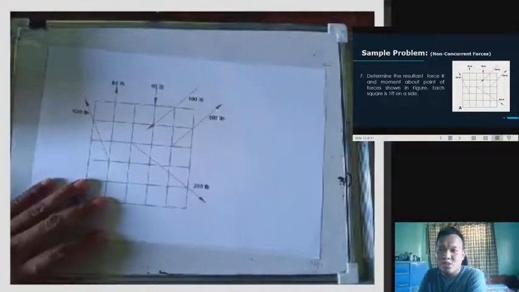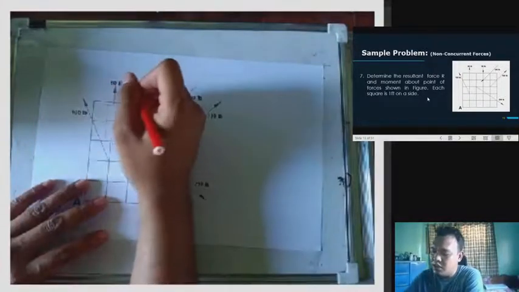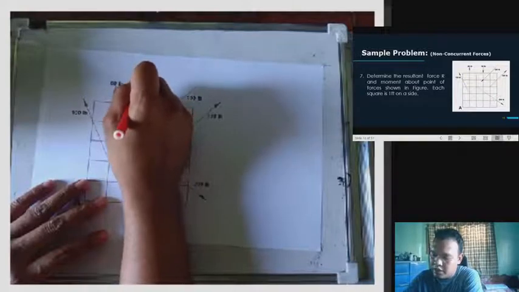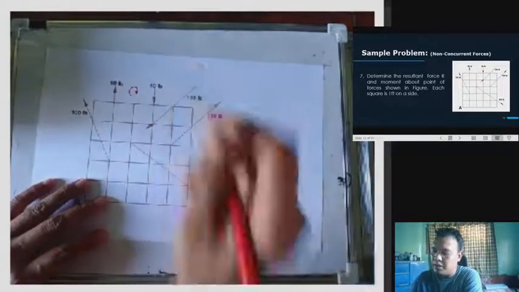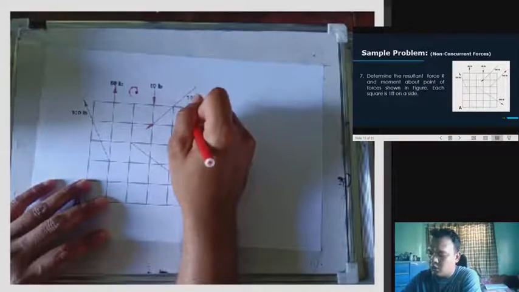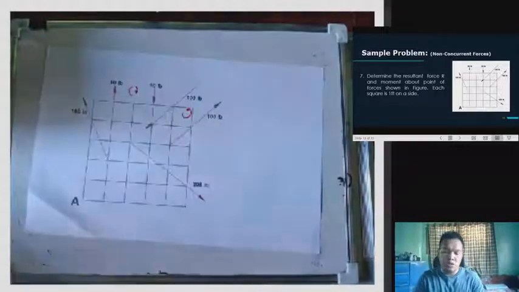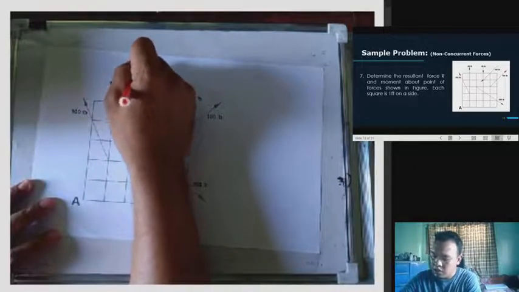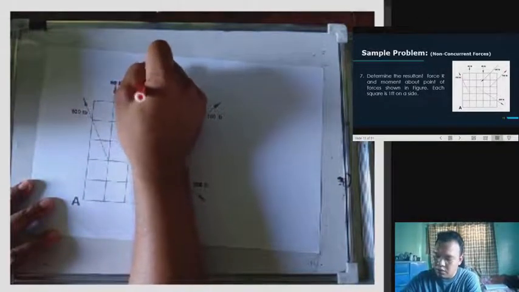Okay? So itong 60 pounds, so convert natin into couple. So ito ay magiging clockwise couple moment. Then ito magiging counter clockwise couple moment. So ito, yung value nito is 60 times perpendicular distance which is 2. So lalabas ay 120 pound foot.